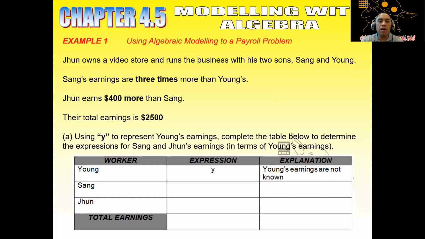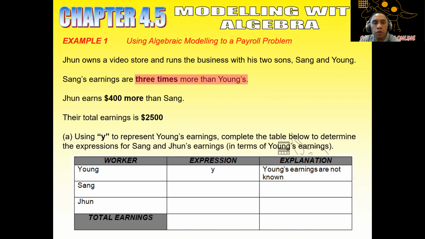The expression Y represents Young's earnings, and we don't know that. Not only do we not know that, but we don't know the value of the other 2 people as well. So the next thing we're going to do is use the letter Y and come up with expressions for the other 2 people, starting off with Sang. What we know about Sang is that he earns 3 times more than Young.